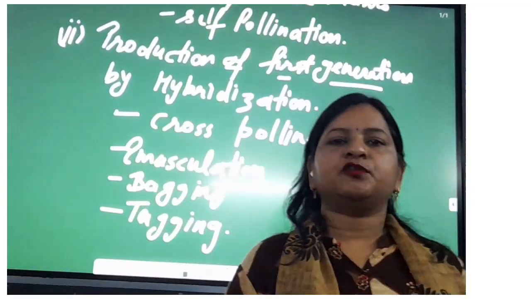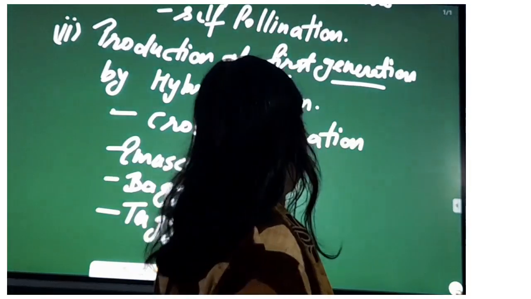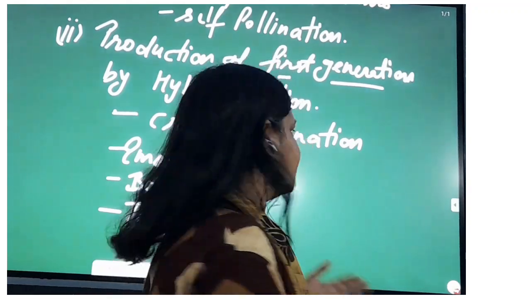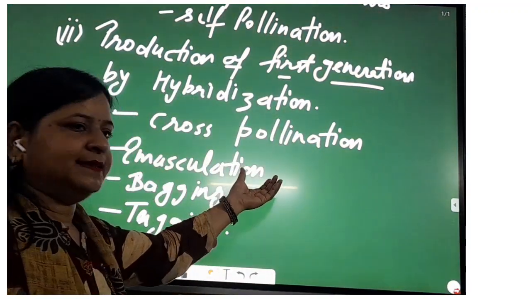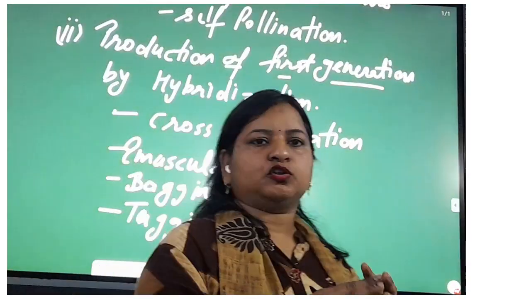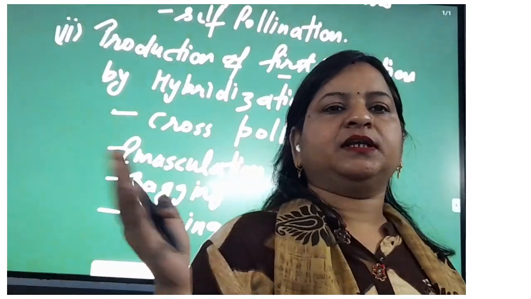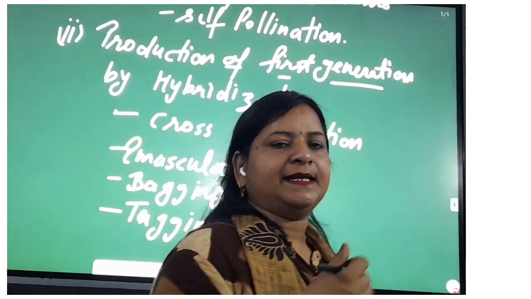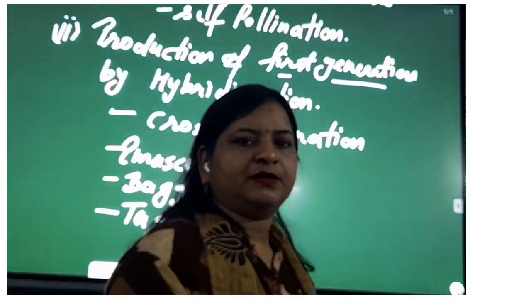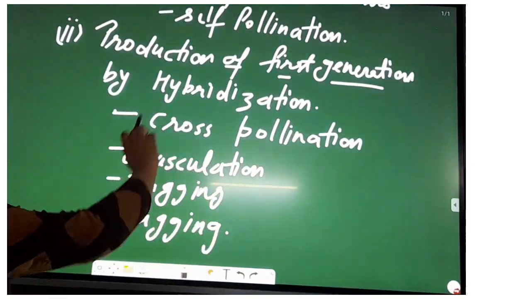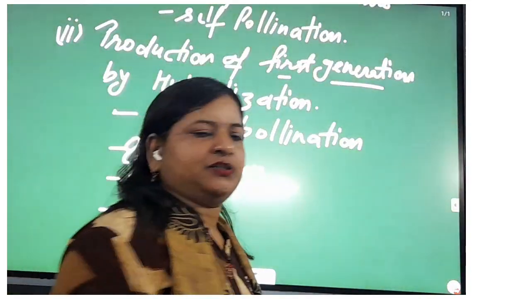Emasculation: you have to first remove the anther of the flower which you want to take as a female parent. So you have to remove the anther in the bud condition and cover it with a polybag, so that no other pollen grain can pollinate it. And after that you have to put a name tag, showing which flower you pollinated it with.